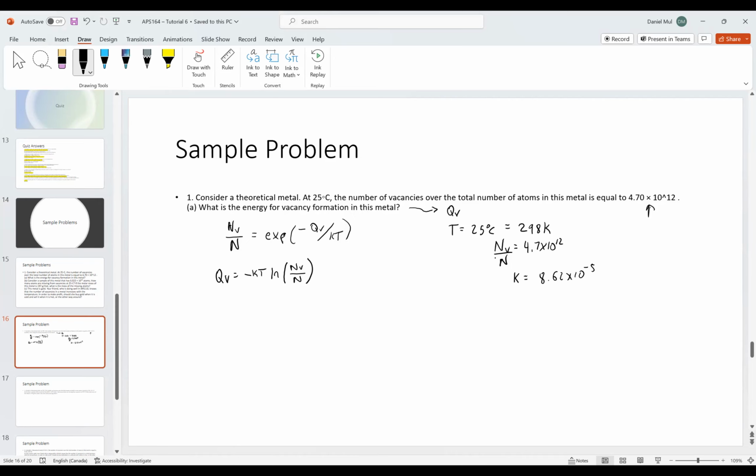And we basically just did that by taking the ln of both sides and then the ln of this exponential, just whatever is in the bracket.